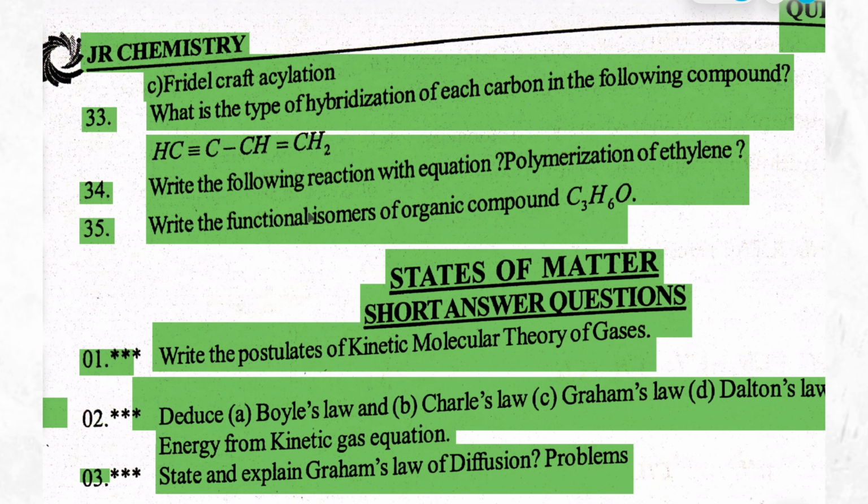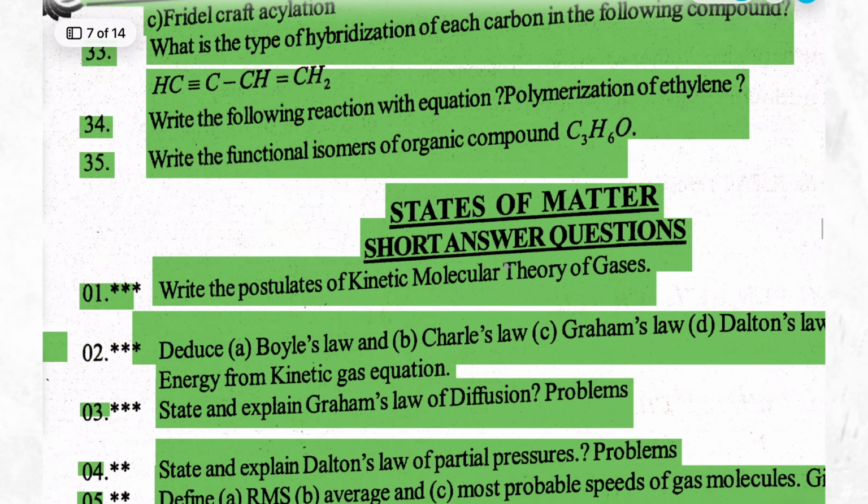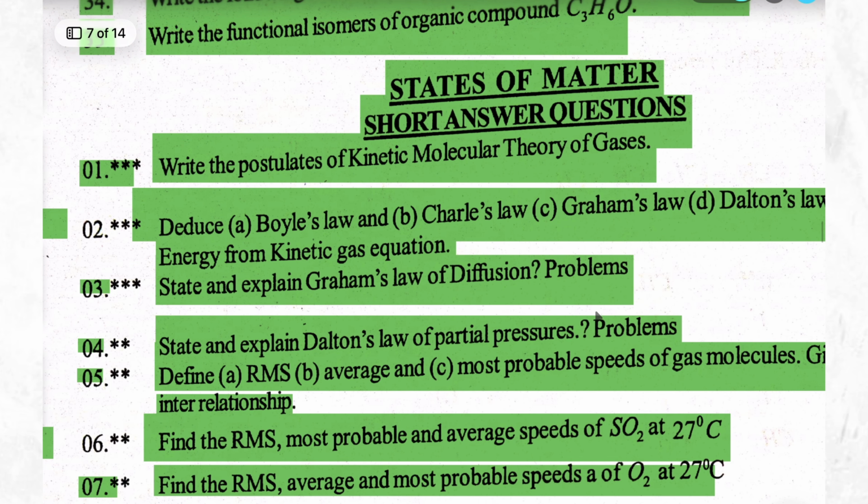Acetylene undergoes polymerization: linear polymerization of acetylene, and cyclic polymerization gives benzene. Right? You can write functional isomers of the given molecule: three carbons and one oxygen. You can combine them to see how many functional isomers we get. Next we'll go for here.